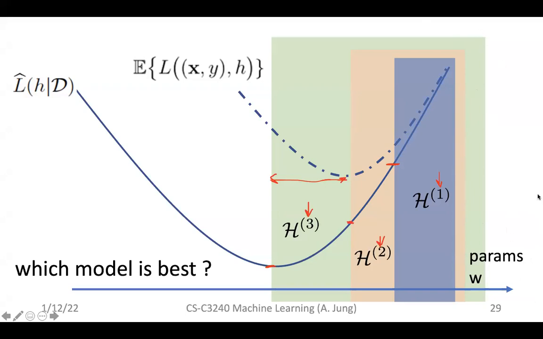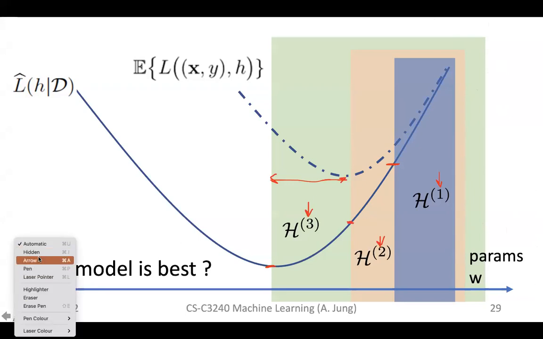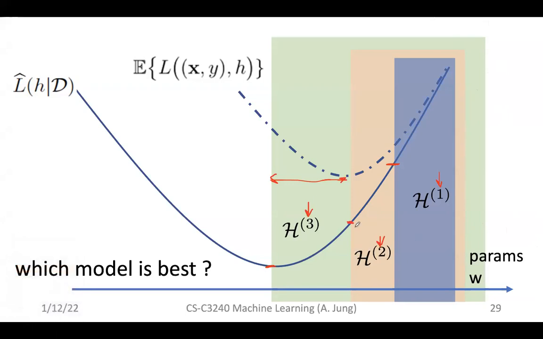Hypothesis space 2, yes, because if we look at the parameter vector that is learned here, when we minimize the empirical risk, which is this curve here, for model 2 we end up at this point. And if we look up the risk of this hypothesis, let's say this would be parameter vector superscript 2.